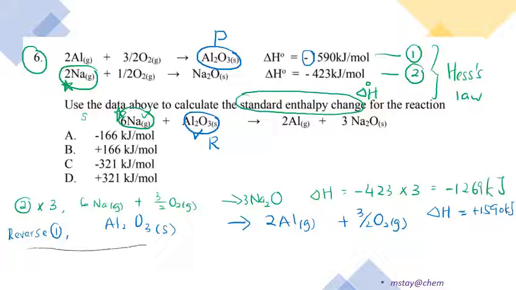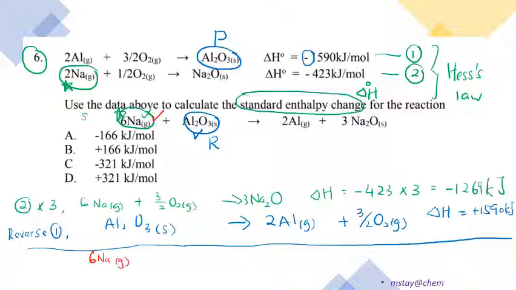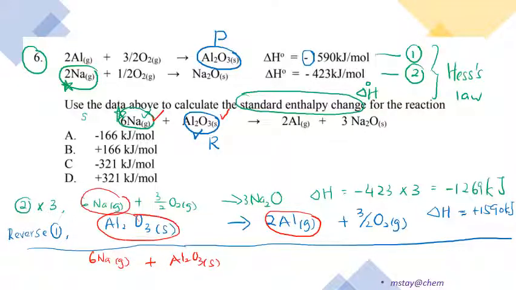Okay, so now we're going to combine these two thermochemical equations. Yes, we have 6 moles of sodium, which is needed. And then we also need 1 mole of aluminium oxide, also here. And this is the 2 moles of aluminium, produced as 2 moles of aluminium gas.